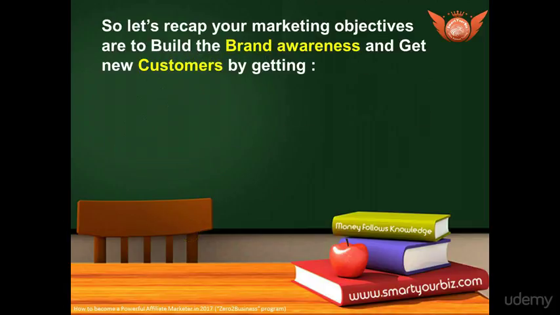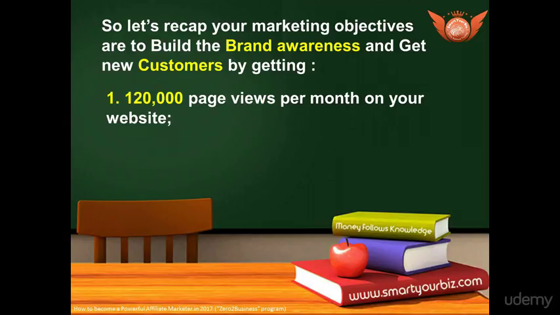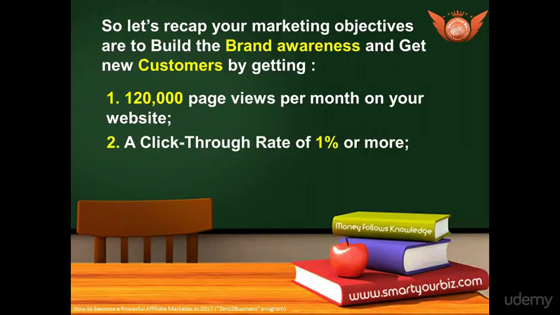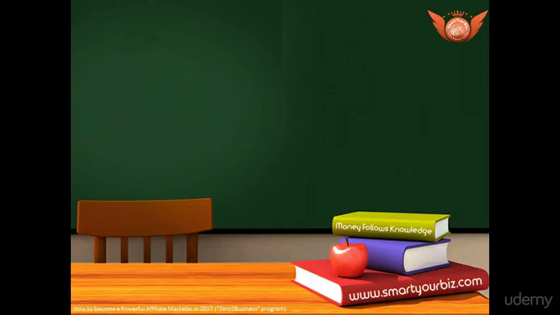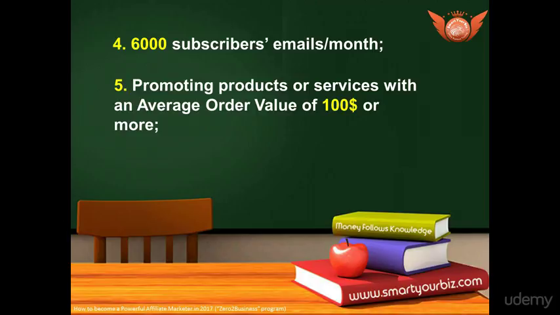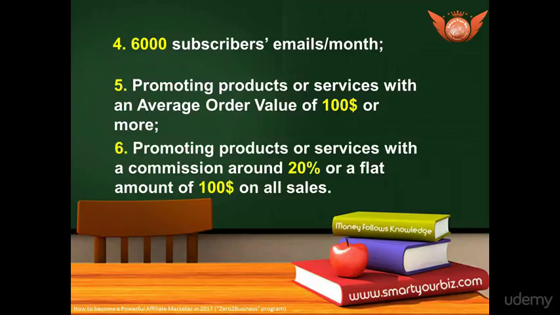So let's recap and say that your marketing objectives are to build brand awareness and to get new customers by getting 120,000 page views or visitors per month on your website with highly targeted traffic, getting a click-through rate of 1% or more, getting 500 page likes on Facebook or 500 followers on Twitter per month, getting 6,000 subscriber emails per month, promoting products or services with an average order value of $100 or more, and finally, promoting products or services with a commission around 20% or a flat amount of $100 on all sales.